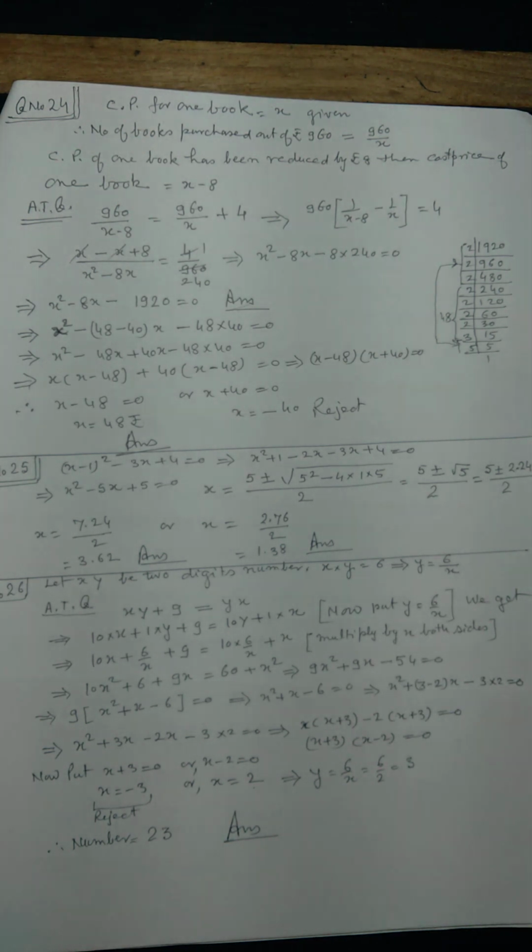If the cost per book was rupees 8 less, the number of books that could be purchased for rupees 960 would be 4 more. Write an equation taking the original cost of each book to be x and solve it to find the original cost of the books.